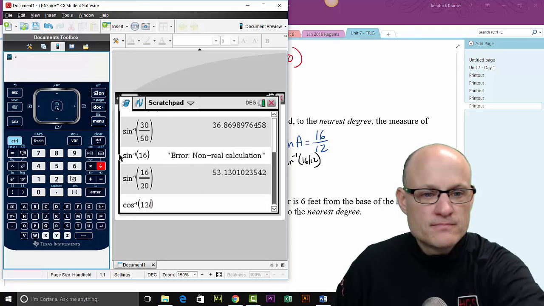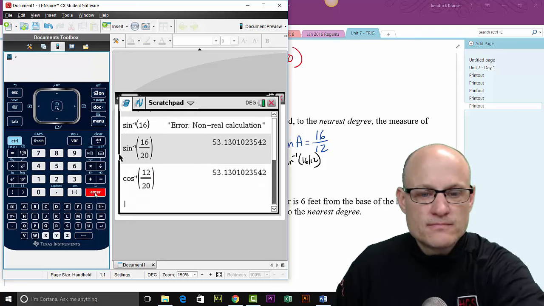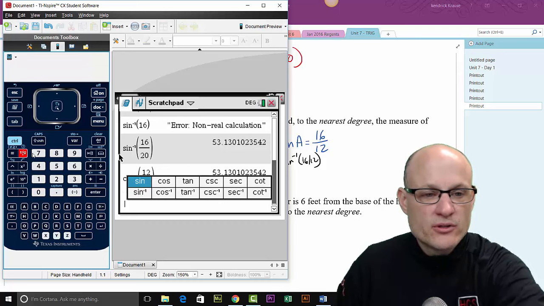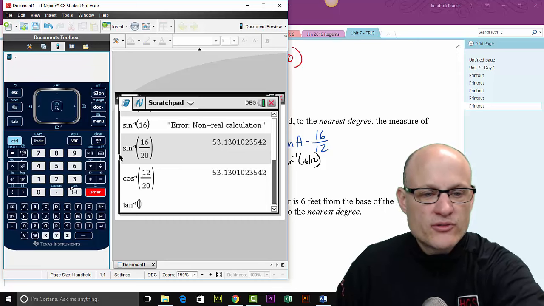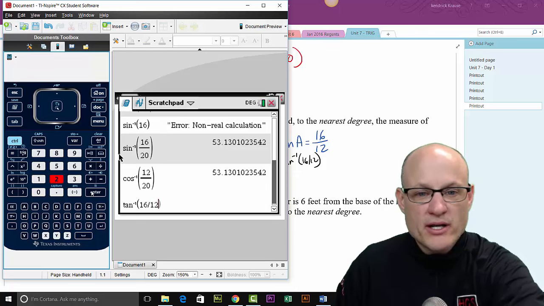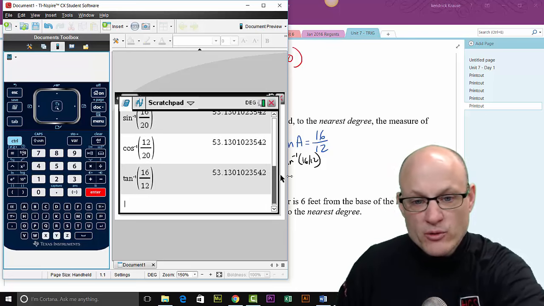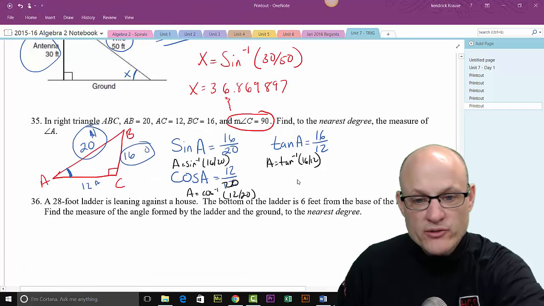And inverse tangent of 16 divided by 12. It wouldn't matter which one I picked. They're all 53.130.